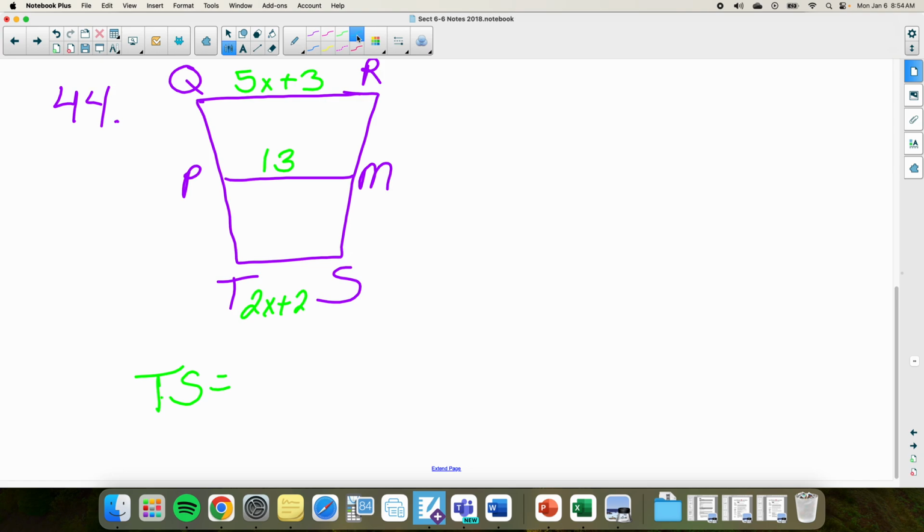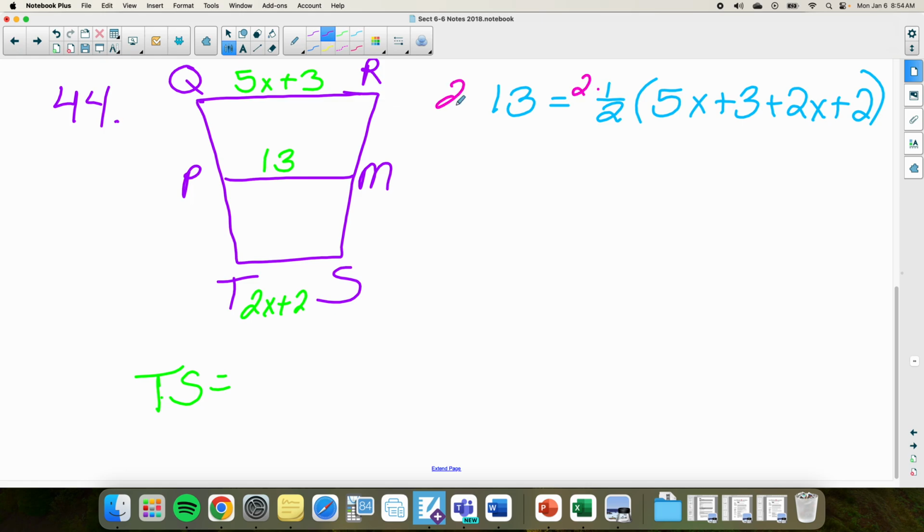And it's always that mid-segment, 13, is equal to 1/2 times this plus this. So 5x plus 3 plus 2x plus 2. Okay? Now, what we're going to do to get rid of that half is multiply by 2.